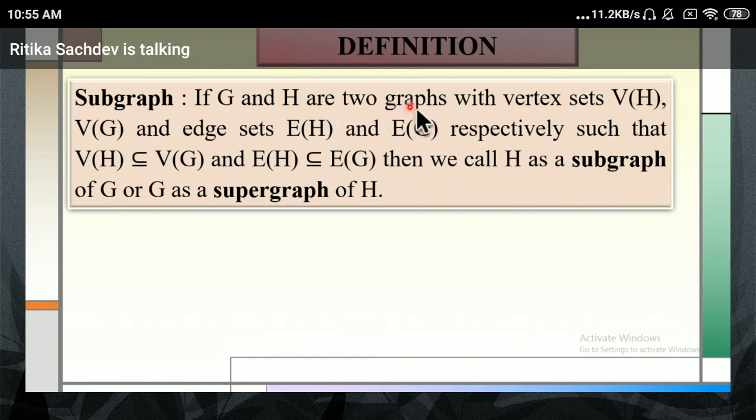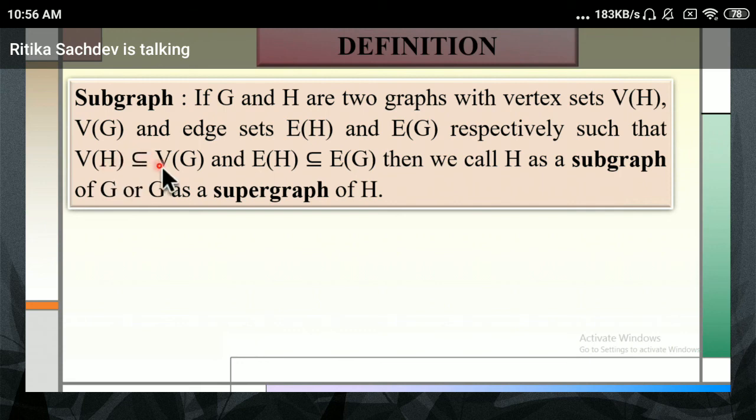If G and H are two graphs with vertex sets VH and VG, so now I have two sets of vertices, one for the graph H and one for the graph G, and edge sets EH and EG respectively, such that VH is a subset of VG. So set of vertices of H is a subset of vertices of G. Please note, it is not a proper subset.